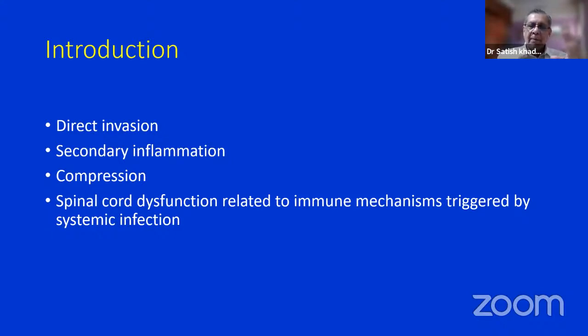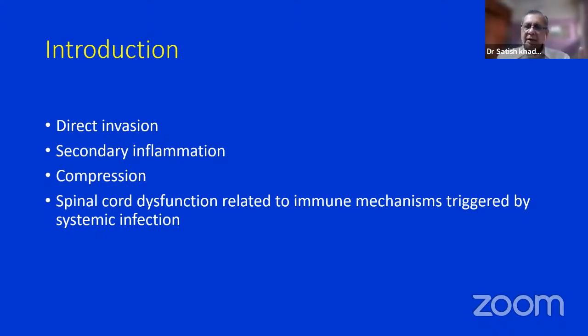So the combination of what the virus or bacterium directly does and what the immune system then does is one of the issues. And if we take the fourth point on this slide, the spinal cord dysfunction related to immune mechanisms triggered by systemic infection, I don't even know whether this should be put in this chapter or whether this should be put in immune myelopathies.